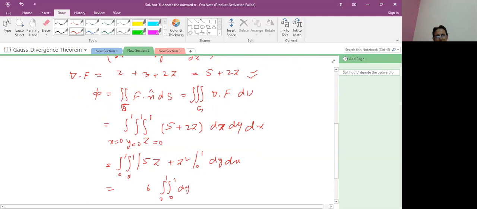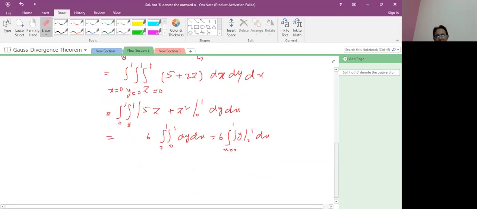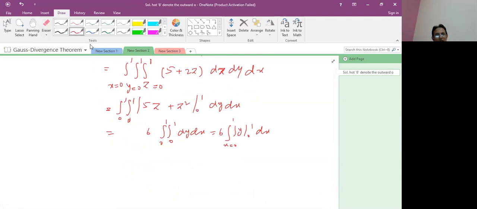Then in the next step we will integrate with respect to y. So y is 0 to 1 and the limit of x is 0 to 1, into dx. So student, we will continue and find the integral value. Applying the limit for y, 1 minus 0 means 1.